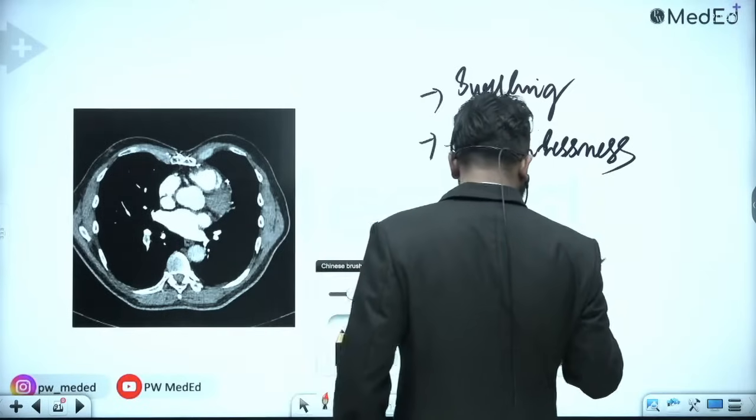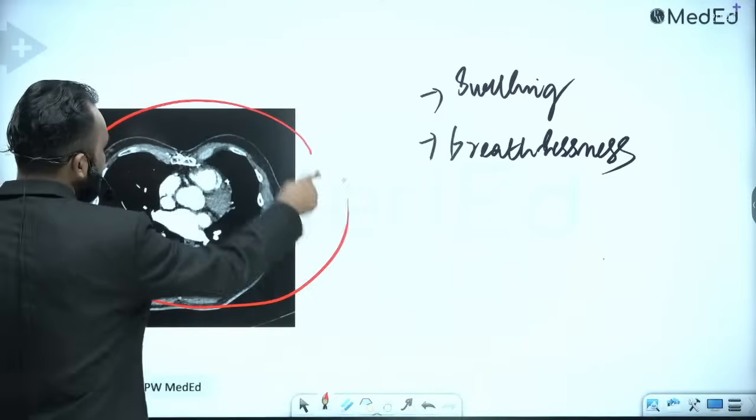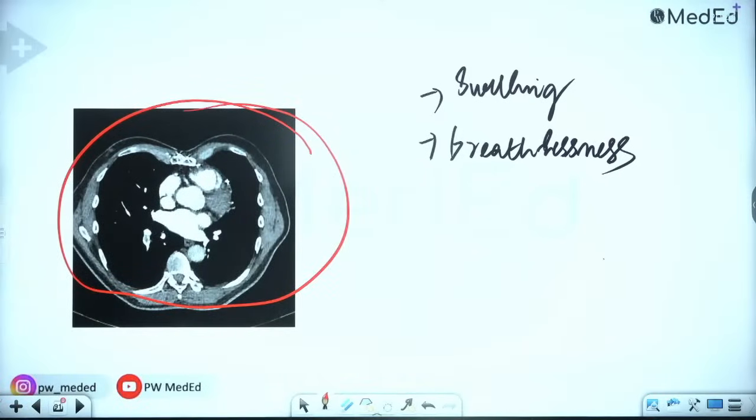What do you see, guys? What do you see in this CT pulmonary angiography image? Anyone? Just look at this image very carefully. I am giving you time, and tell me.